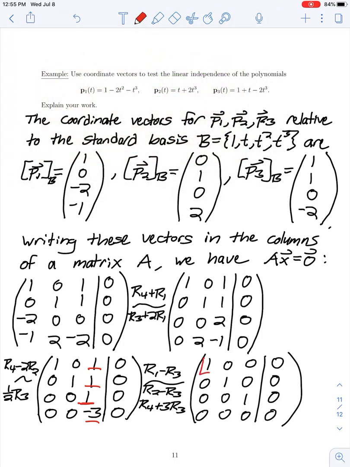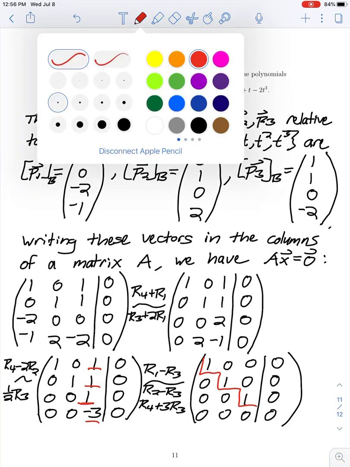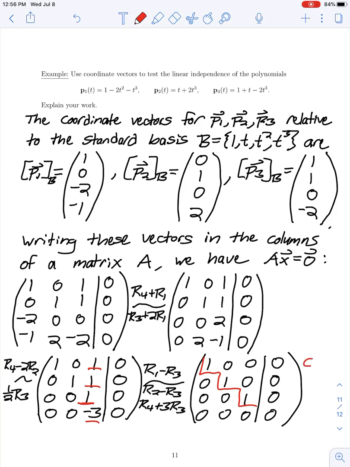So since our matrix has a pivot in each column, we know that this set of vectors is linearly independent. Another way we can think of this is the linear combination of these vectors set equal to 0 has only the trivial solution where each of those weights is 0 using the 3 rows of this augmented matrix.